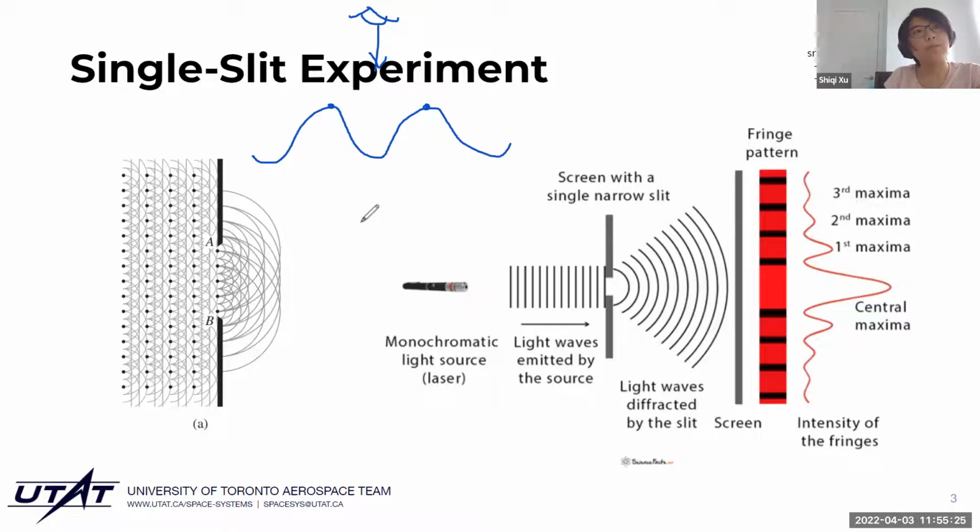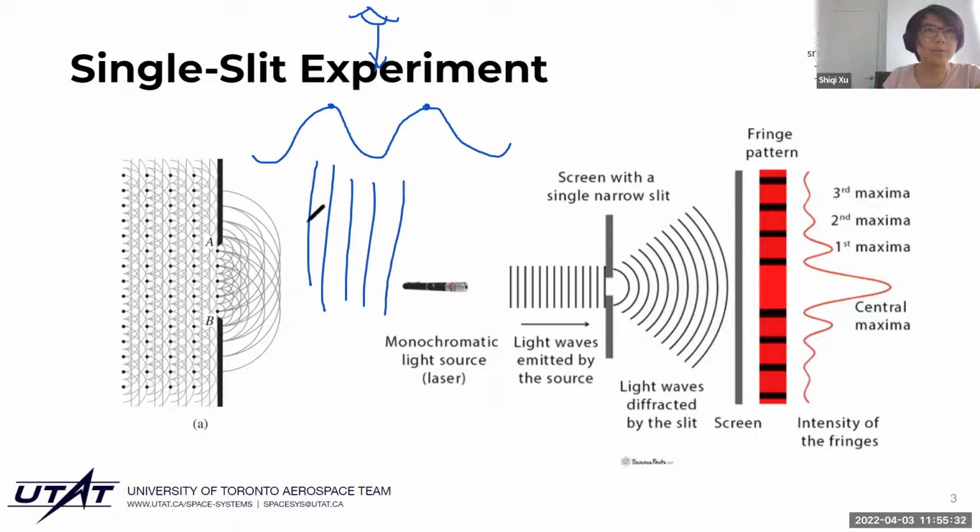A plane wave is usually drawn like this. You're going from a peak to a trough, and then from a peak to a trough to a peak, and then a peak to a trough. Does that make sense? If people can picture that.